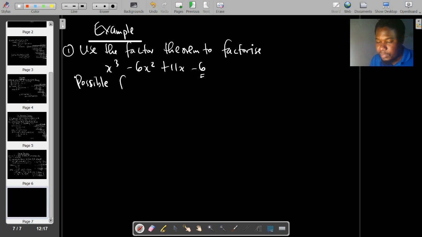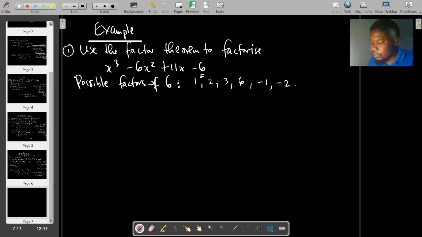Possible factors of 6: we have 1, 2, 3, and 6. But the negative versions of these same factors, like negative 6, can also be factors of this polynomial.